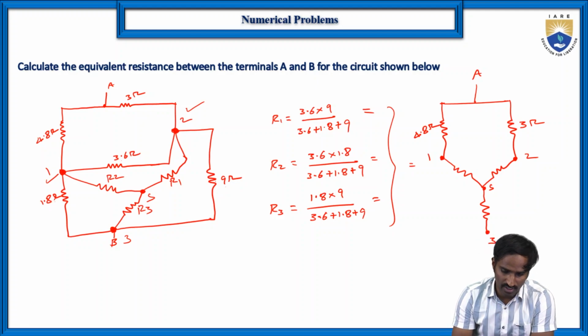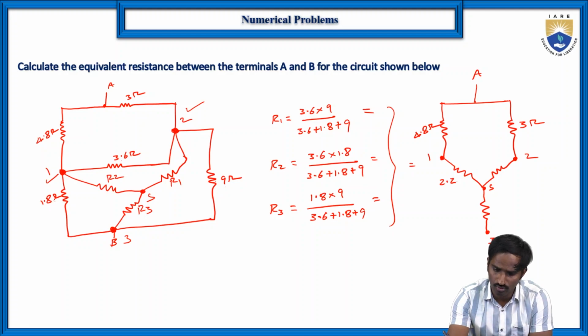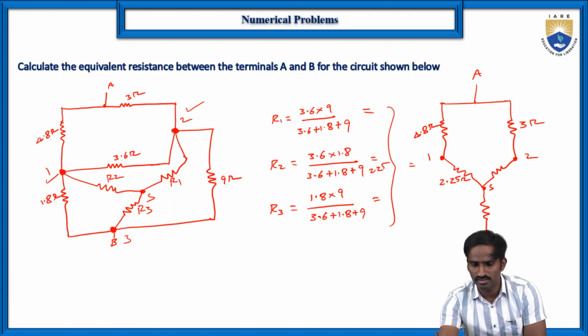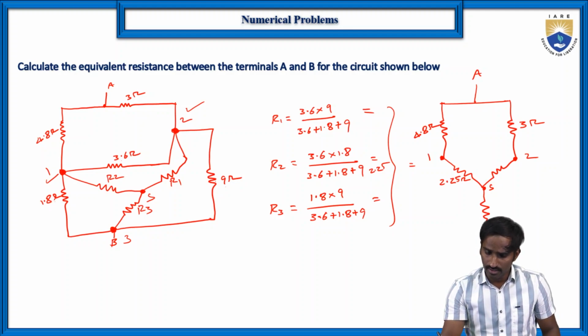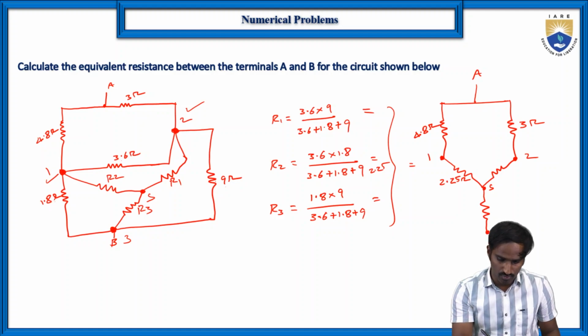So here in between 1 and S is the R2 resistor. Here the R2 value is 2.25 ohms if you simplify. So here it is 2.25 ohms, and then similarly in between 2 and S, R1 is there.